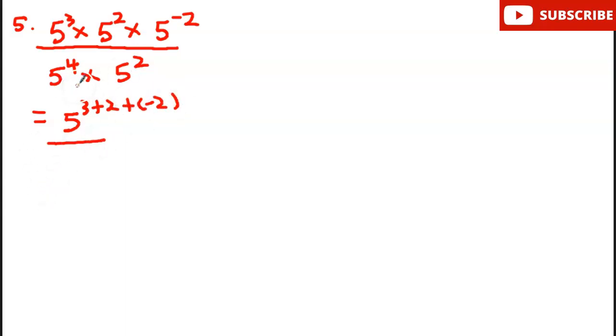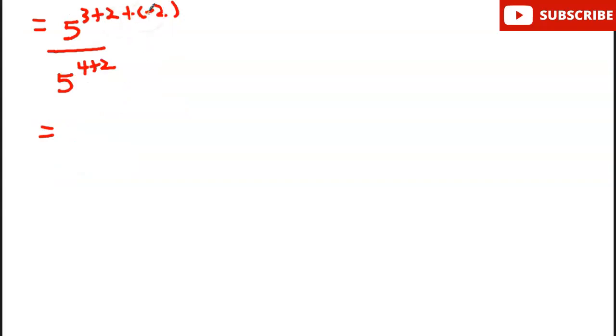over, at the denominator, the bases are the same, 5, 5, so we can add the exponent. So 5 raised to the power 4 plus 2. So 2 plus minus 2 will go to 0. So we have 5 to the power 3 over 5 to the power 4 plus 2, which is 6. Okay. Now the bases are the same, but they are dividing. And one of the laws says when they are dividing, you subtract the index.